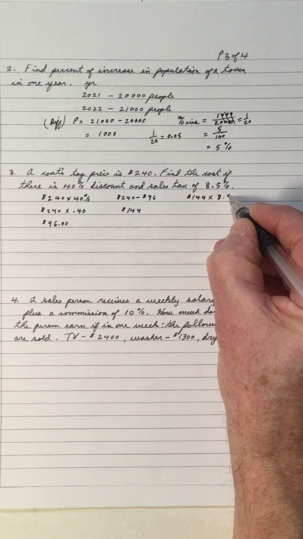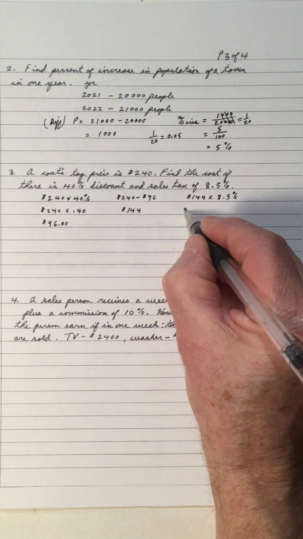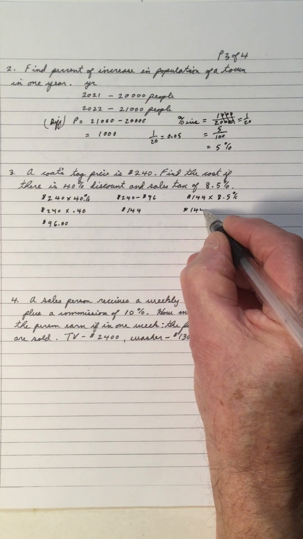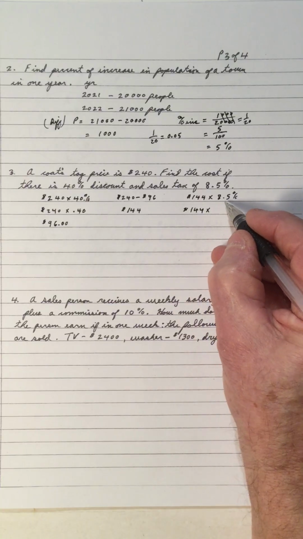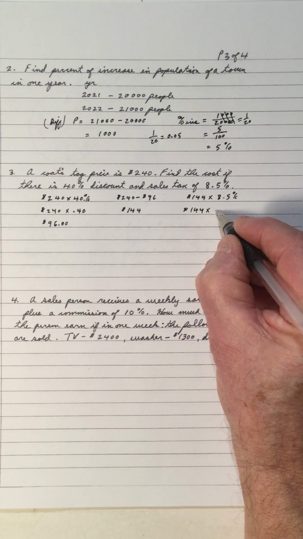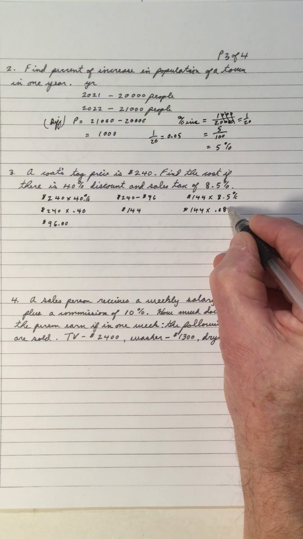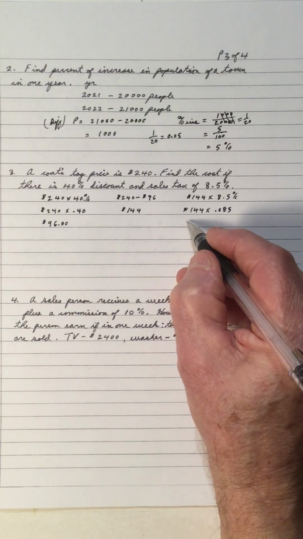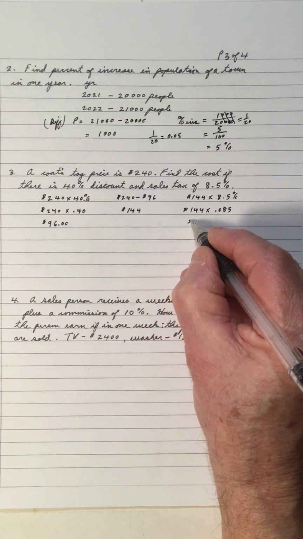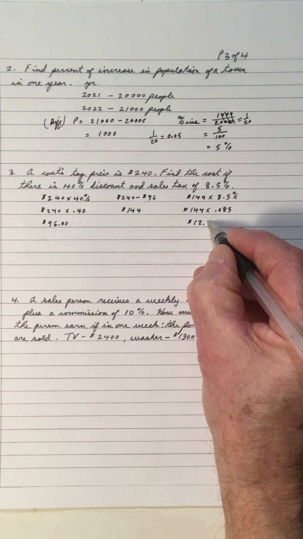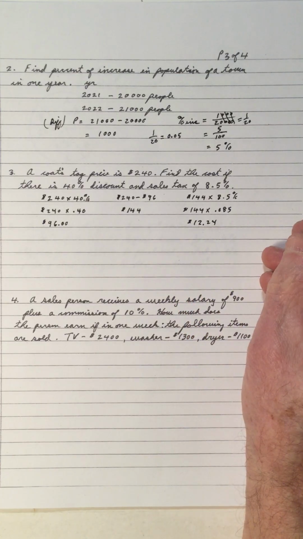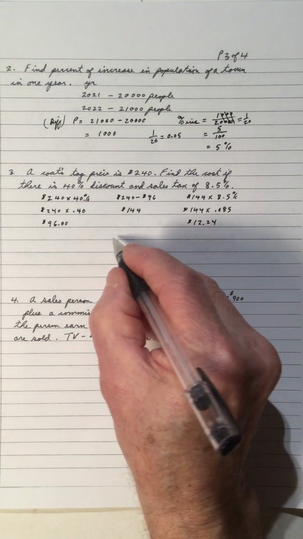Now we have a sales tax, so you take the $144 and find your sales tax, which is 8.5%. So you have $144, and 8.5% is decimal 0.085. When you multiply that on a calculator, you'll get 12.24. So that sales tax is added on.